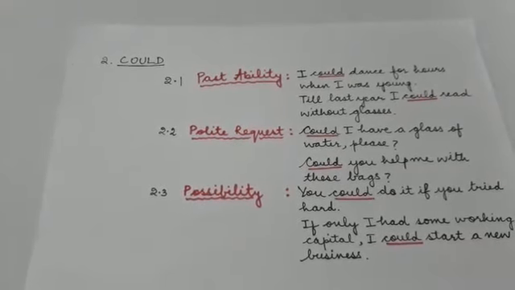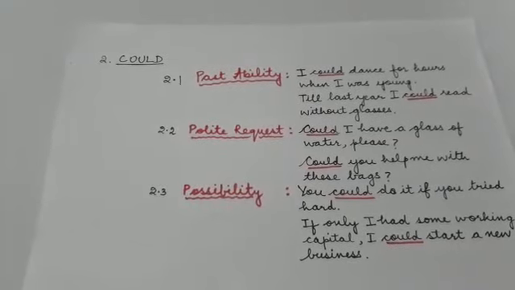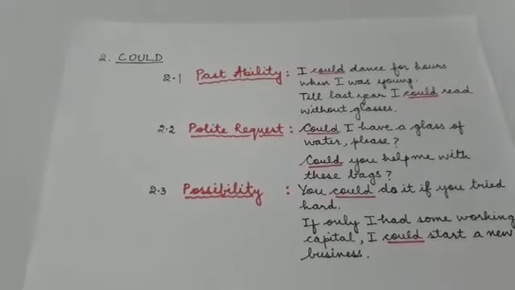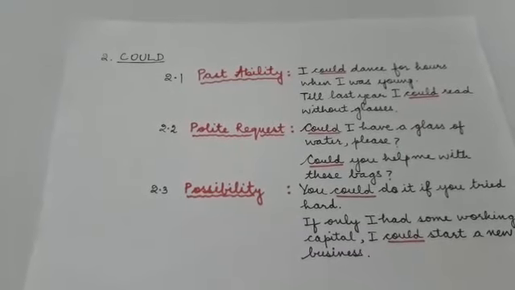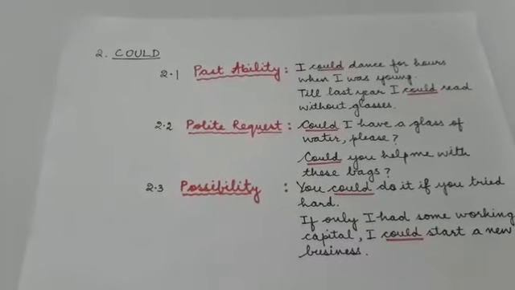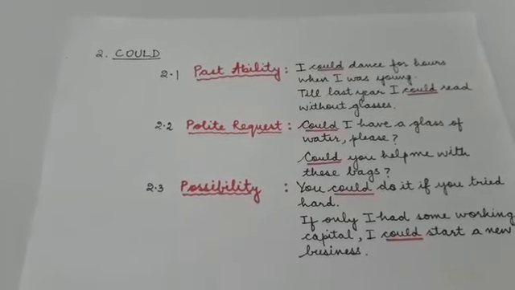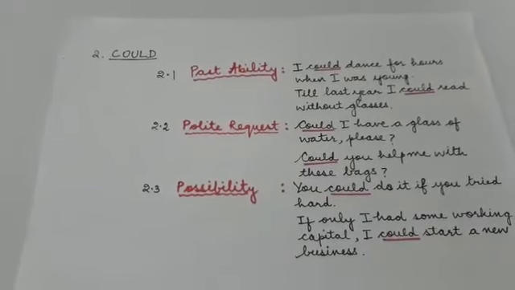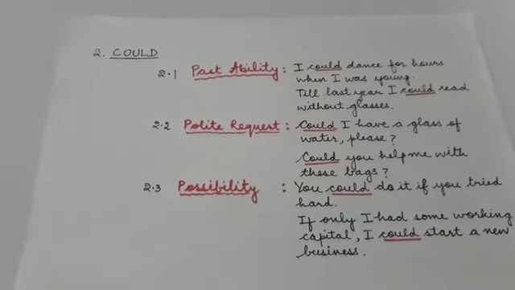It is a bit rude or informal, whereas could is used for the polite request. And can as well as could both show possibility, but there is a difference. With can, the possibility is more, but with could, in percentage terms the possibility is less if we compare it with can.